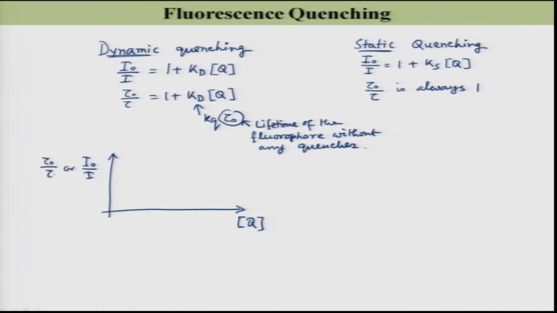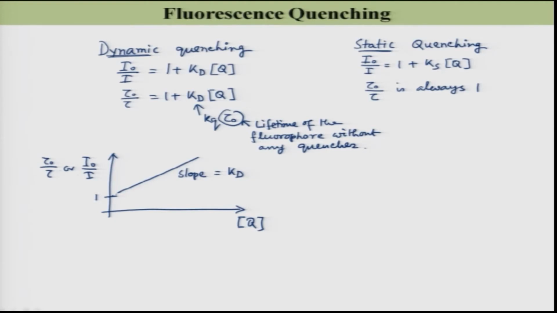By the lifetime method, either TCSPC or the up-conversion method. Then I will get a straight line with slope equal to Kd and intercept equal to 1.